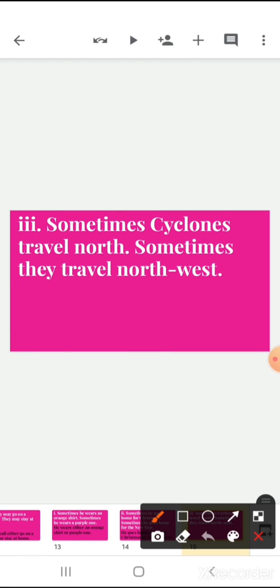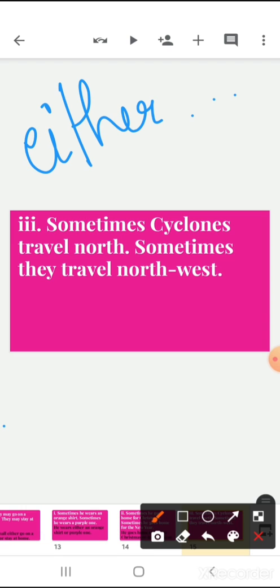Sometimes cyclones travel north, sometimes they travel northwest. How do we have to rewrite the sentence using what we are using in these sentences?